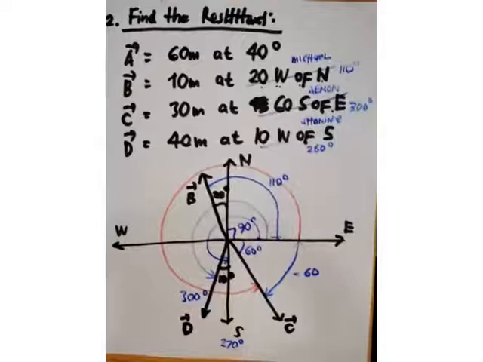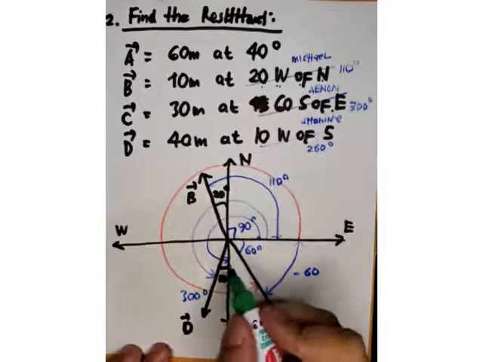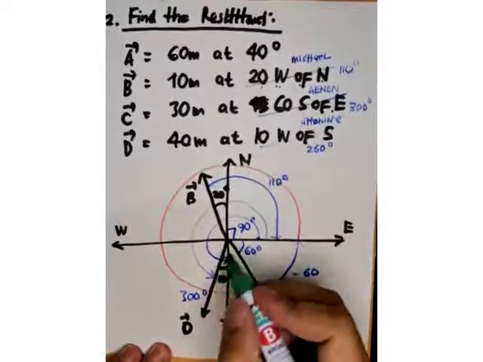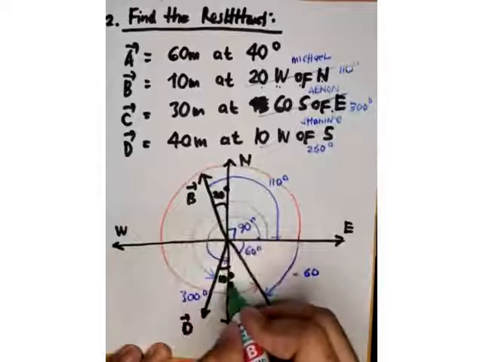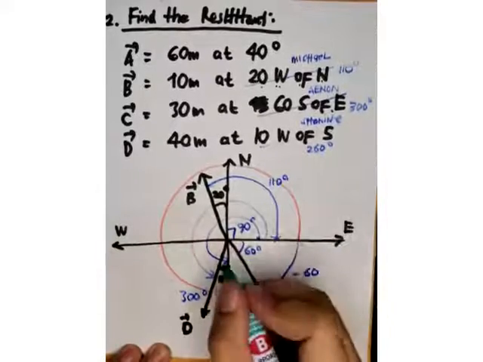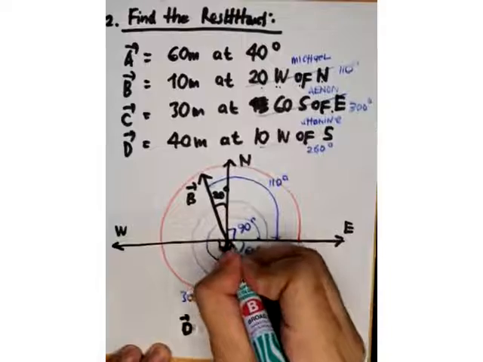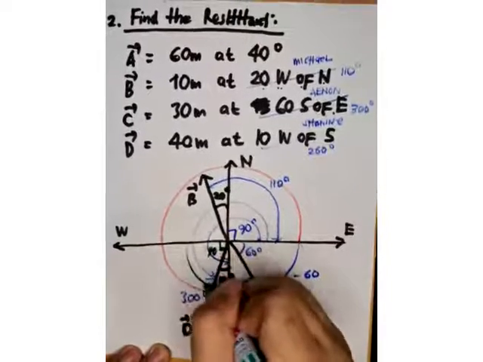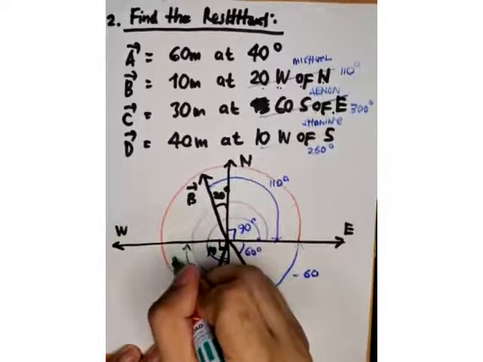Kasi kung 10 yon, ito yung iba. Kung 10 yon, di ba 90 ito? Itong buong to, 90. Kasi 90, 180, 270, 360. Kung 10 ito, alam natin ng buong ito, 90. So, ibig sabihin, ito niyan ay 80 degrees lang.